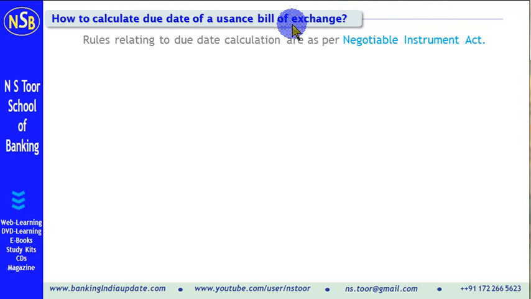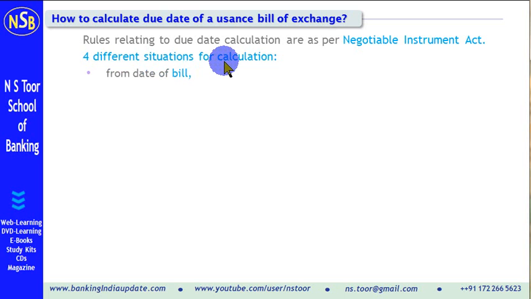The rules relating to calculating due date are according to Negotiable Instrument Act 1881. According to these rules, there are 4 different situations involving calculation of due dates. The first situation is when we are required to calculate the due date from date of bill.